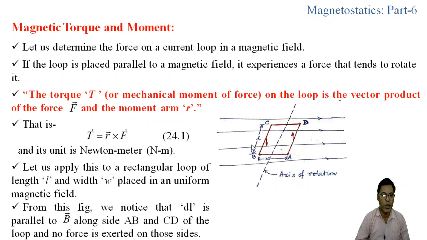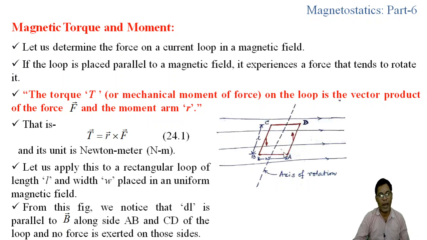Now suppose this loop has the length L from B to C and the width from A to B is W, and this current loop is placed in an external magnetic field B, which is uniform in nature.